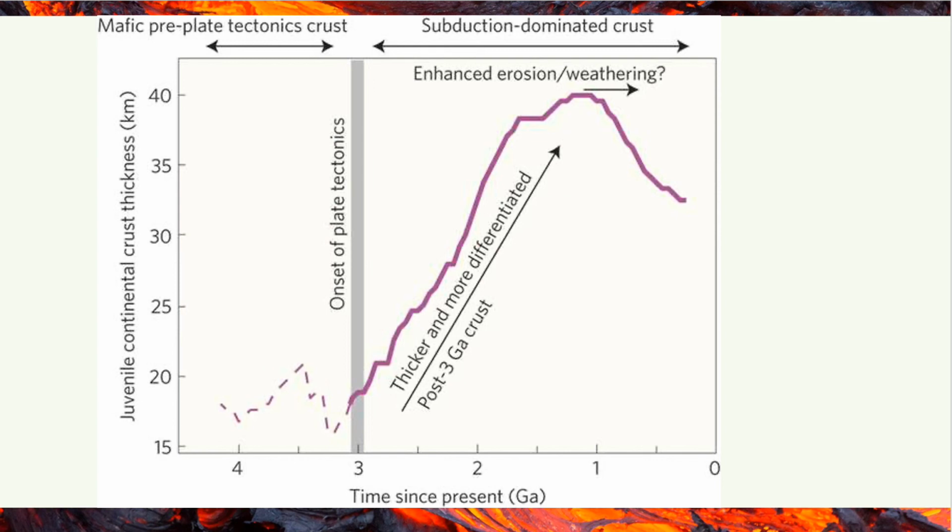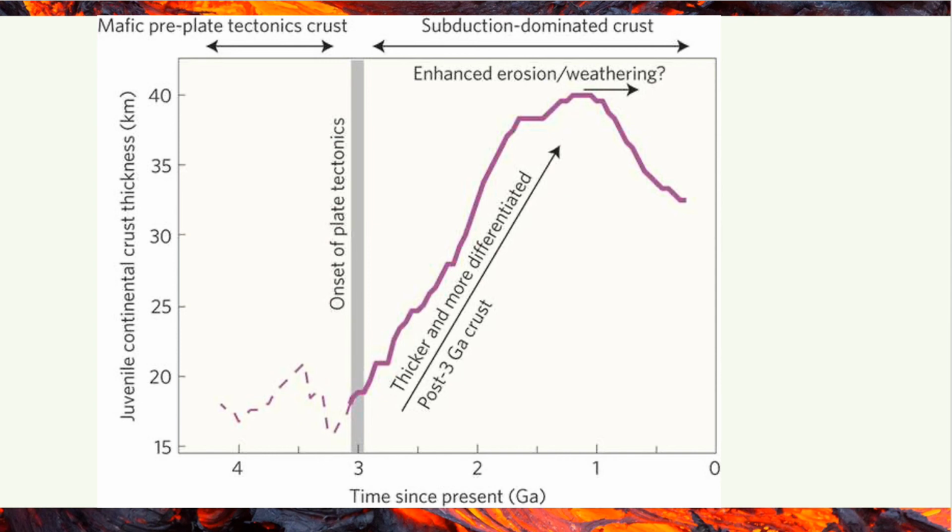The way this links into the plate tectonic story and the presence of these supercontinents is that if our supercontinents only started forming about 3 billion years ago, that indicates that before then, we probably didn't have continental crust. And actually, plate tectonics as a process probably was not occurring in the way we see it today.